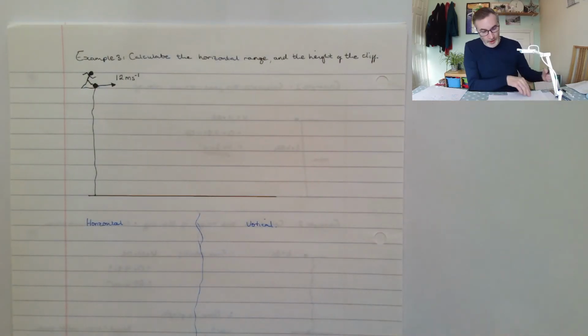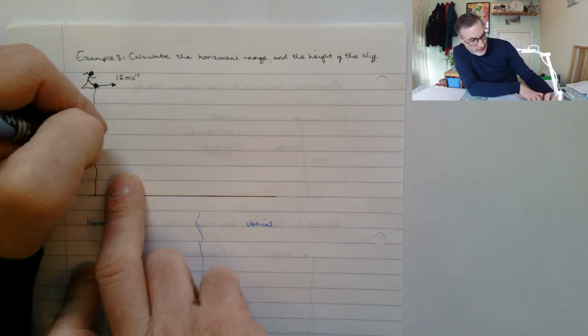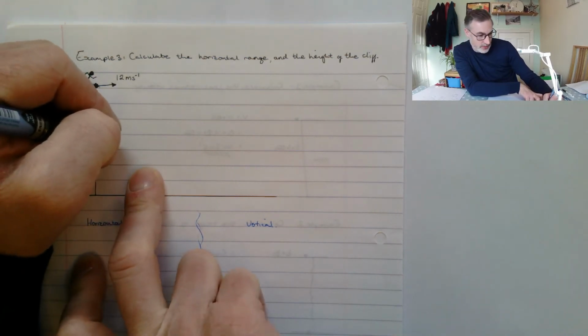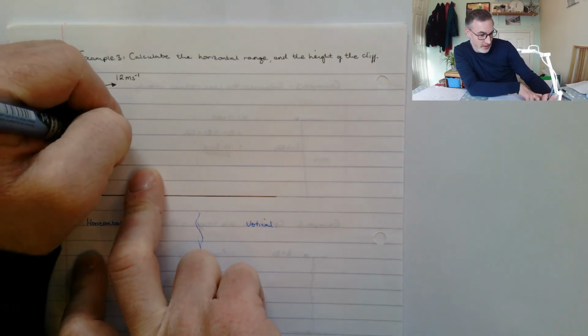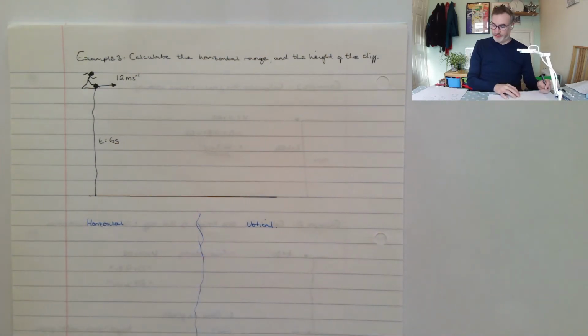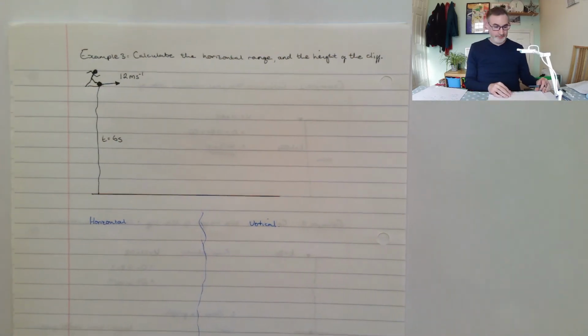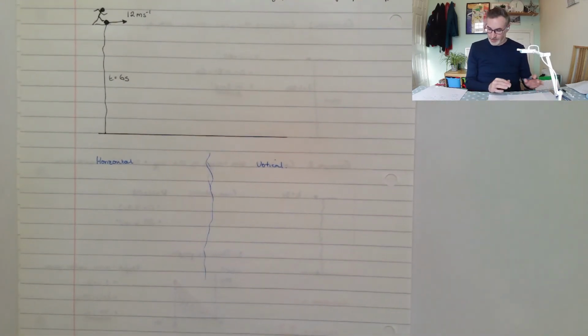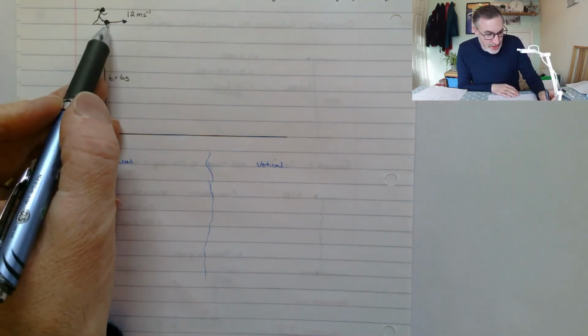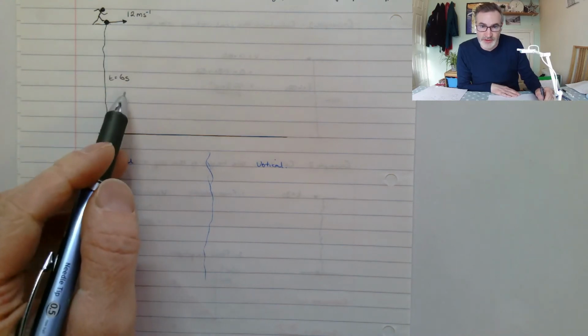Cool. And we need to know that it is going to fall, or it's going to be in flight for a time of 6 seconds. So horizontally, it's going to be traveling at 12 meters per second for 6 seconds.